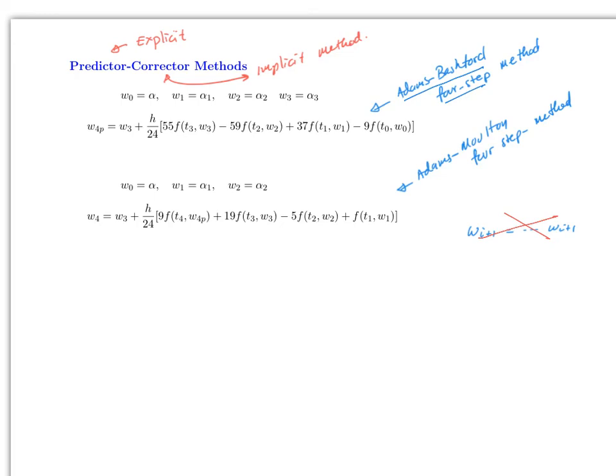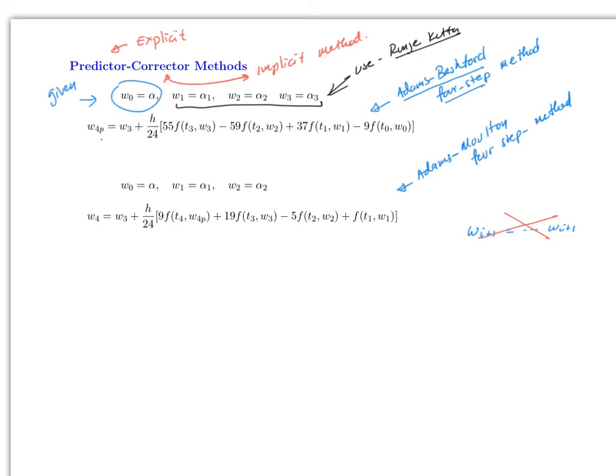Now remember that only this part is given, so you need to find this. So you need to use a different method from the past. Usually the best is to use the Runge-Kutta of order 4 to approximate W1, W2, and W3. Once you do that, we're going to find W4, and it's the same technique for W5, W6, W7, and so forth.